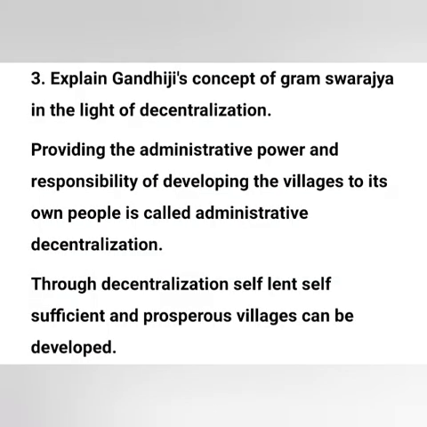Next, third one is explain Gandhiji's concept of Grama Swarajya in the light of decentralization. Providing the administrative power and responsibility of developing the villages to its own people is called as administrative decentralization. Through decentralization, self-led, self-sufficient and prosperous villages can be developed.